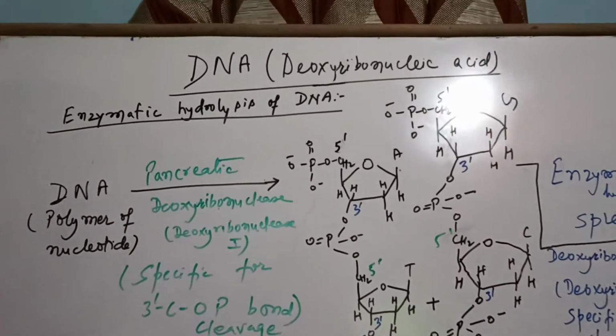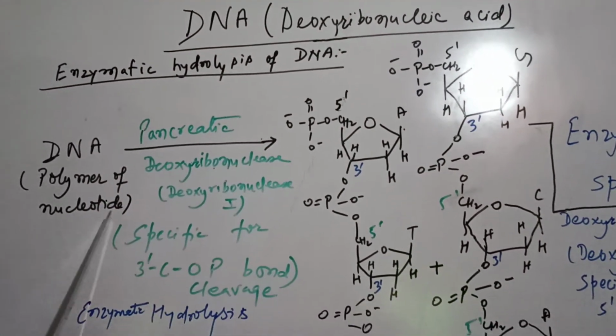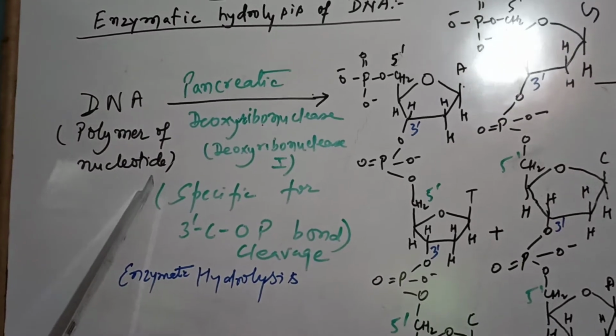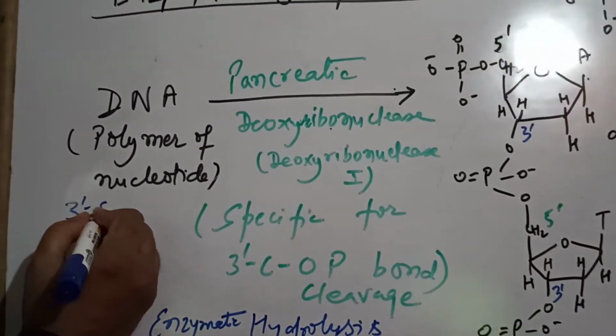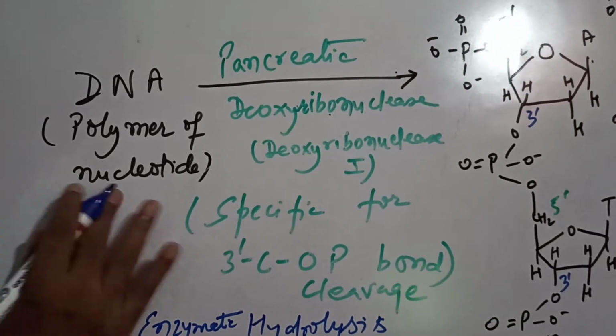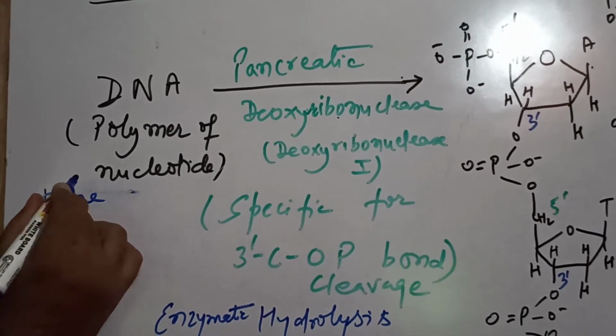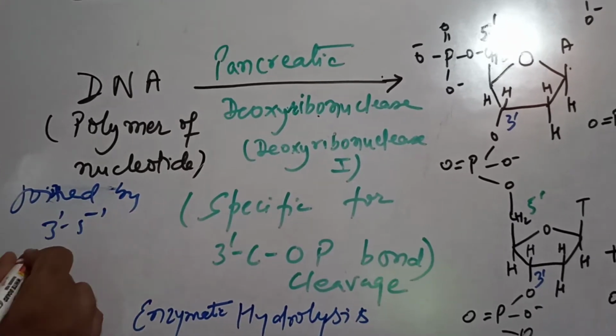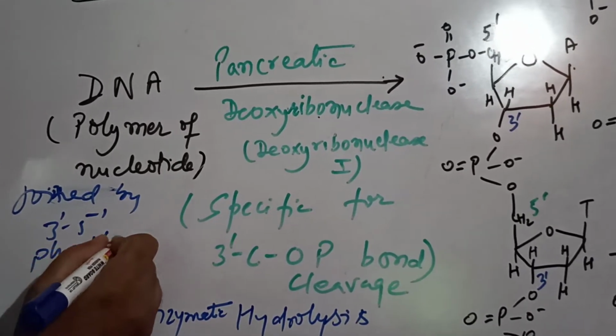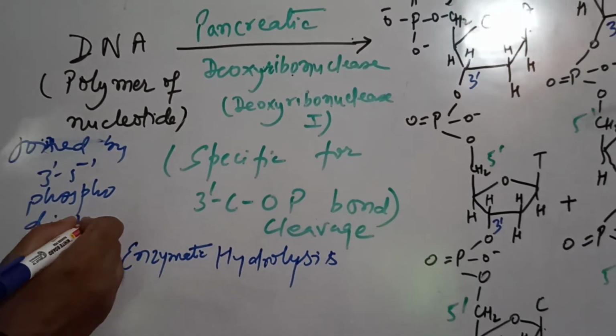Now when you see the explanation here, what is DNA? DNA is a polymer of nucleotides, as you know, which are joined by 3', 5' phosphodiester bonds.